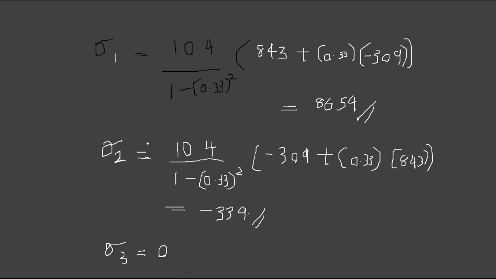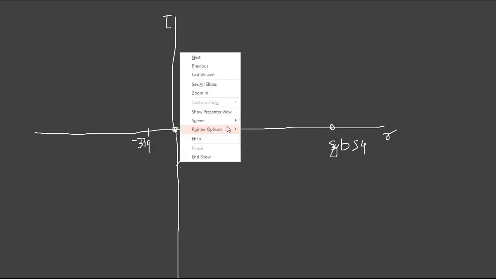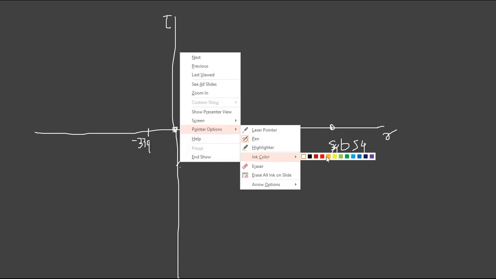Then another one is 0, and you have minus 339. So these are your 3D Mohr circles.